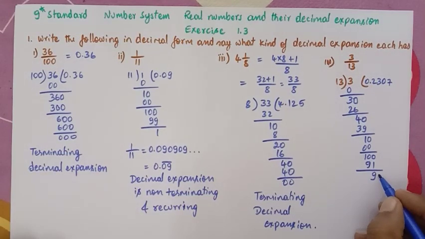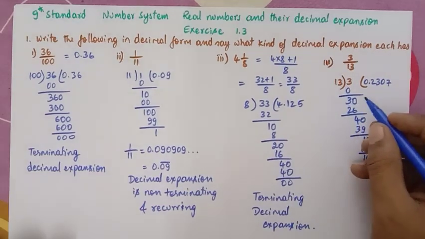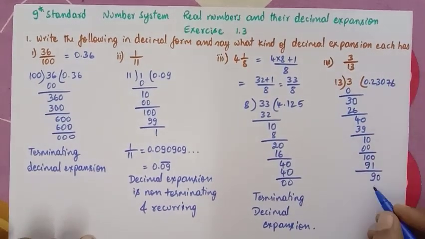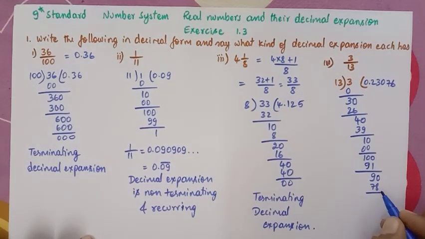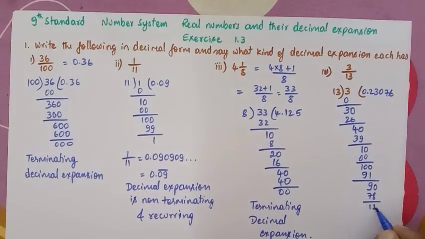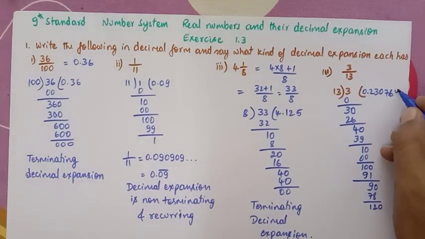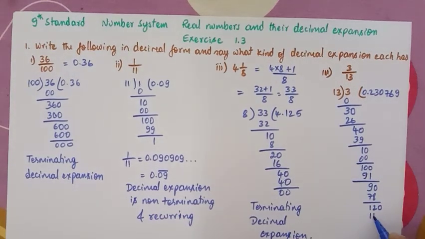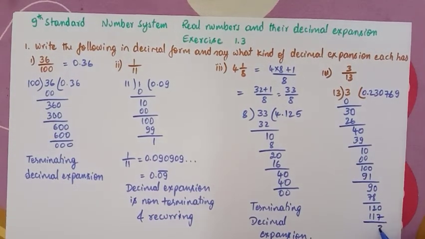90 comes here. So 13 6s are 78. 12 is the remainder. So here 0. 13 9s are 117. So 3 is the remainder.